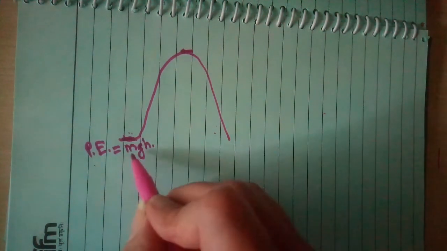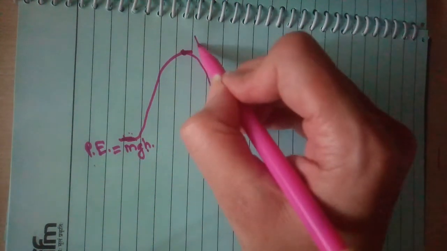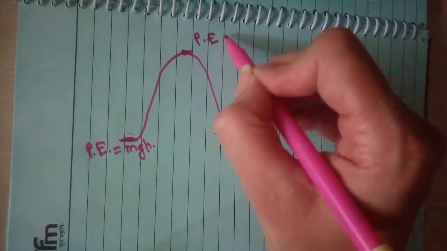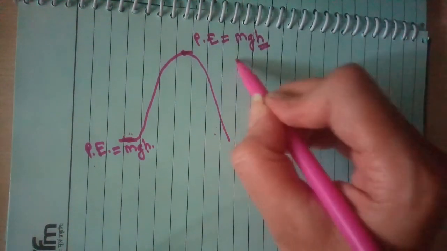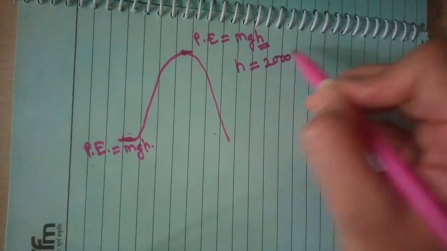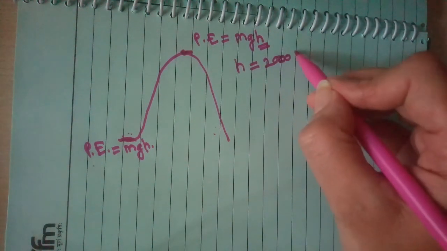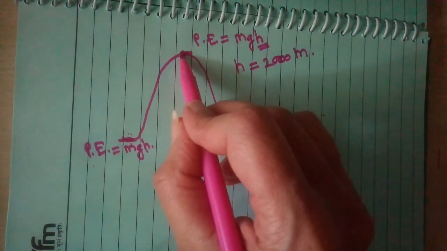As you all know, potential energy is equal to mgh. At this point, the potential energy will again be mgh, and this h will have some value. Suppose for our convenience we write 200 meters, meaning we want to climb the hill up to 200 meters.